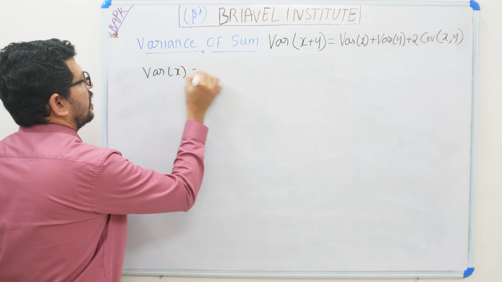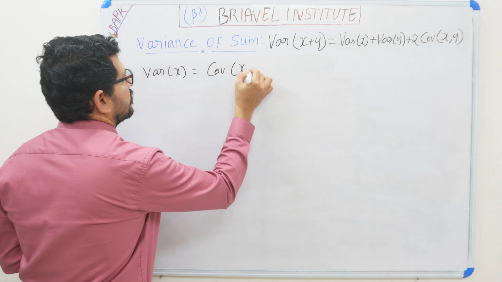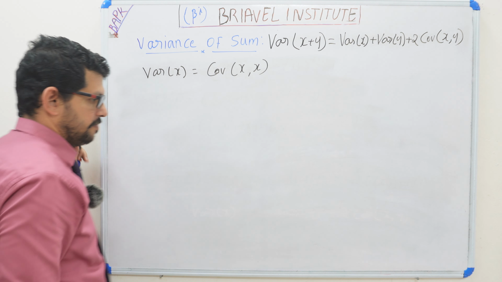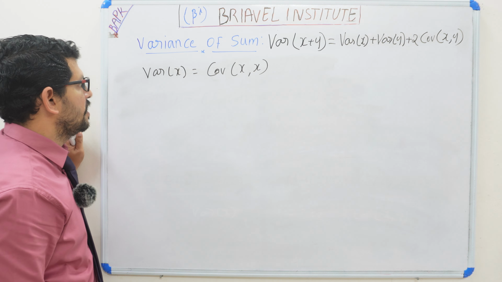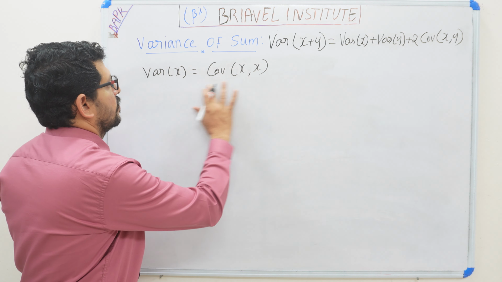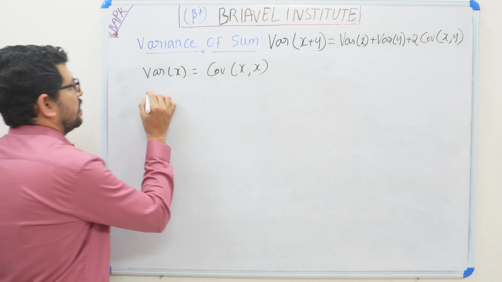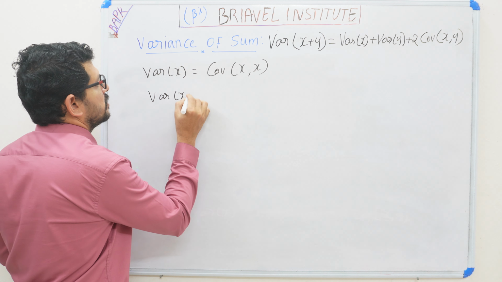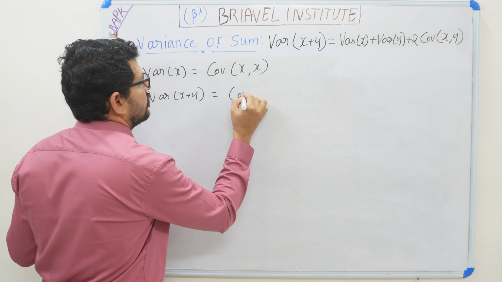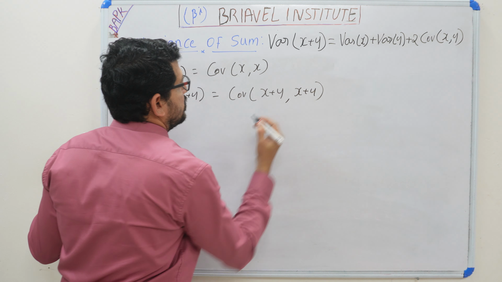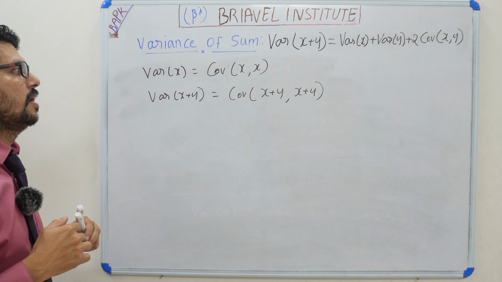Variance of X we can write as covariance of X comma X. This is the covariance of X and X. This is the variance of S, we will write like that. So variance of S plus Y we can write as covariance of S plus Y, S plus Y. So this is the covariance of S plus Y, S plus Y.